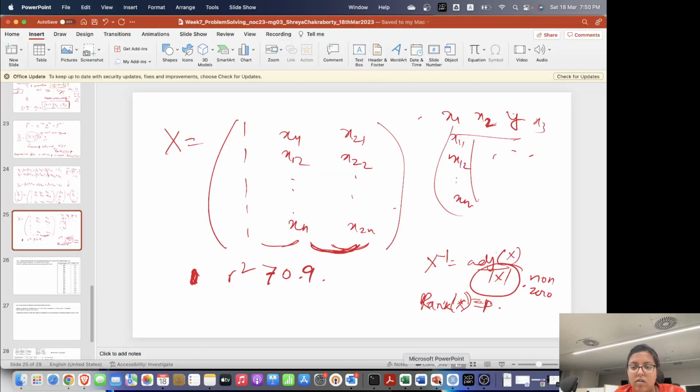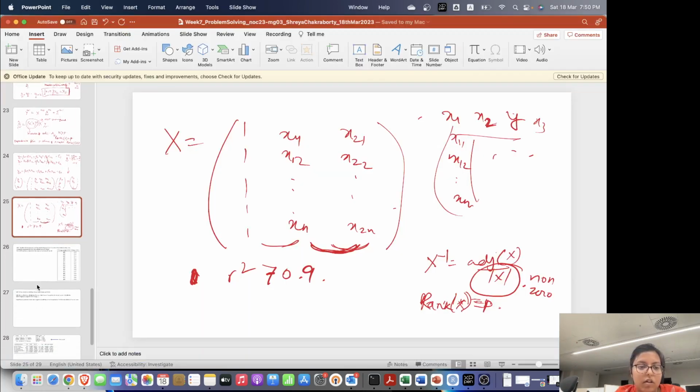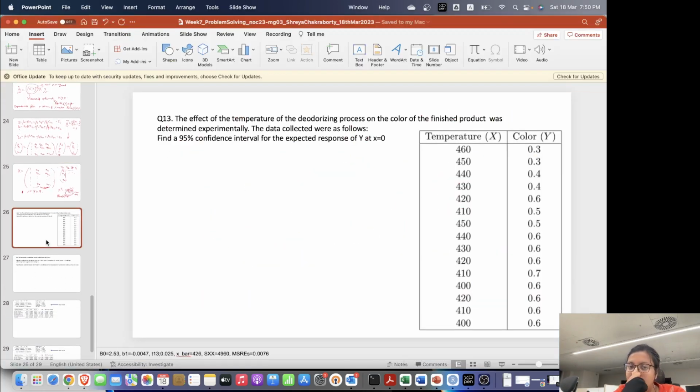All right. So then I am going to move to the next question. The effect of temperature of the deodorizing process on the color was determined.